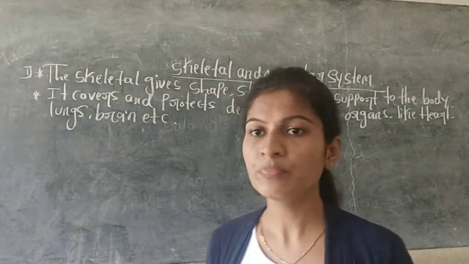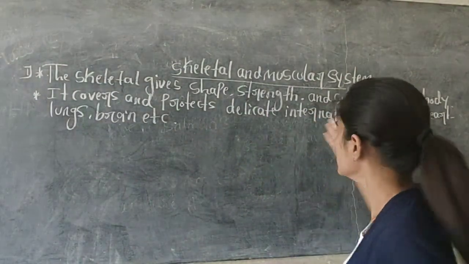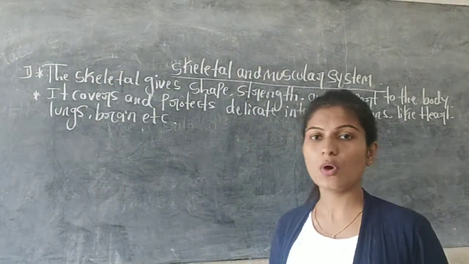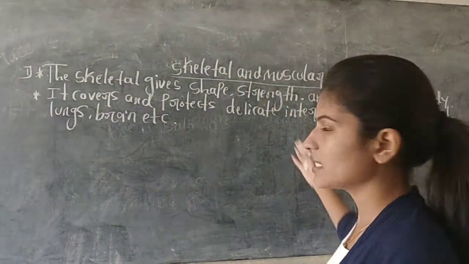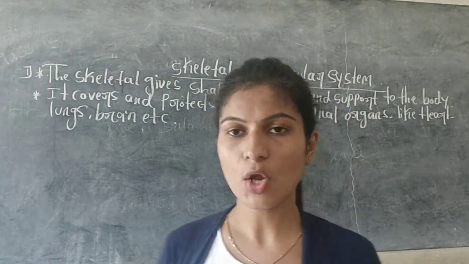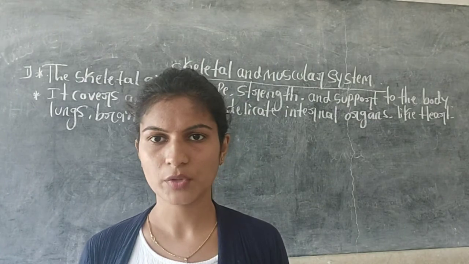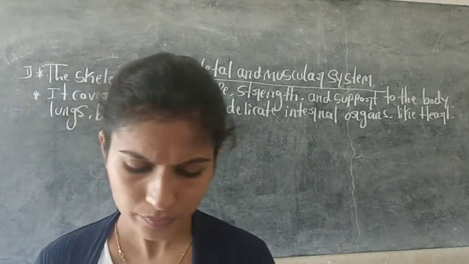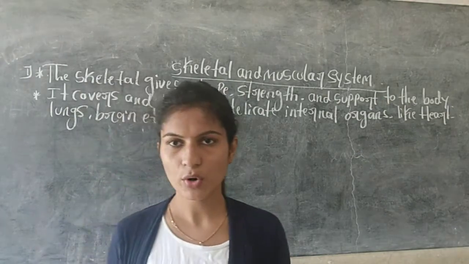The first use is that the skeleton gives shape, strength and support to our body, and next it covers and protects our internal organs, like heart, brain, lungs, etc.